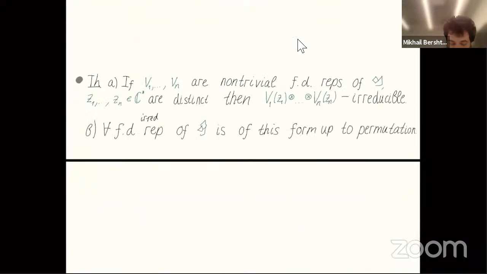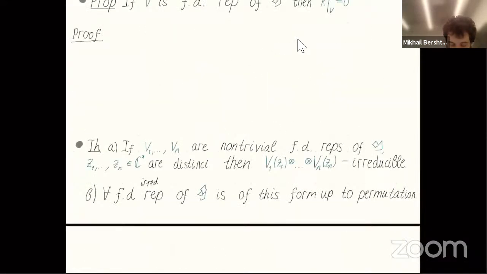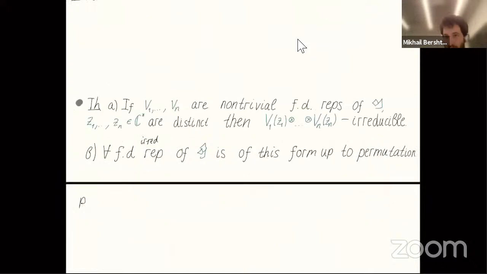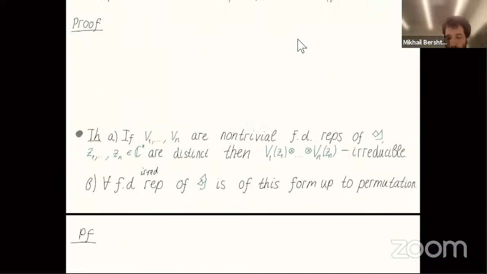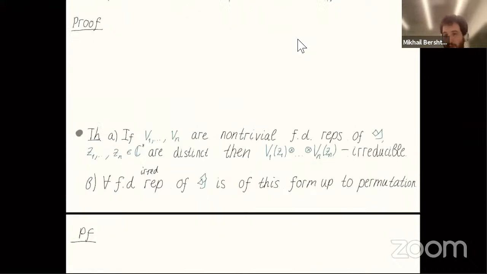I wanted to say something about the proof, but I think I have no time, so I skip it. I partially skip the proof, and partially I give it to the problems.